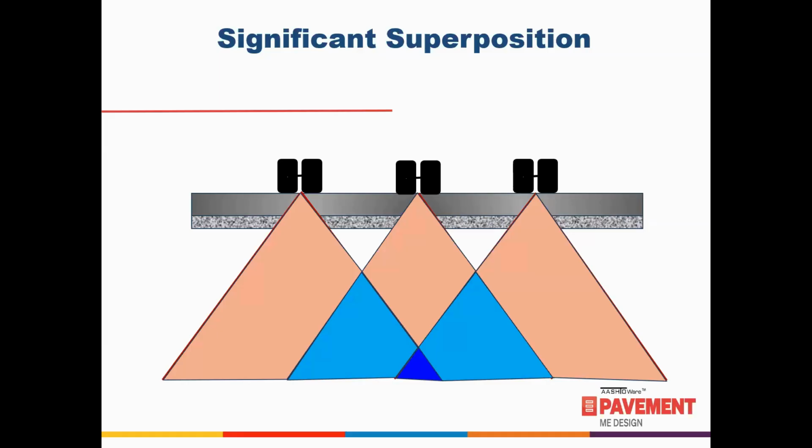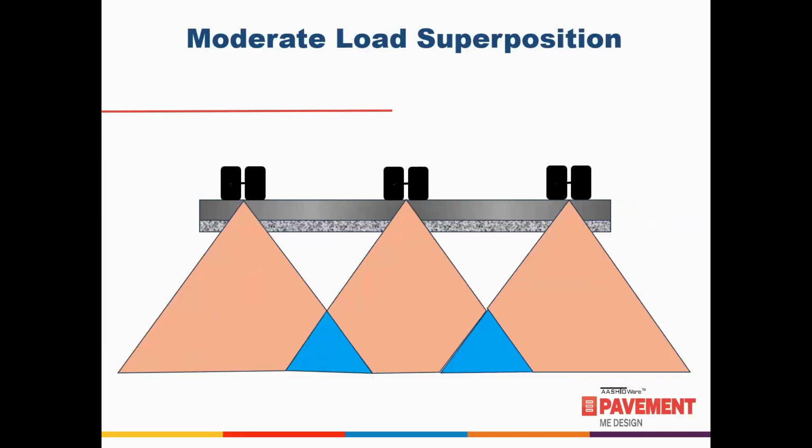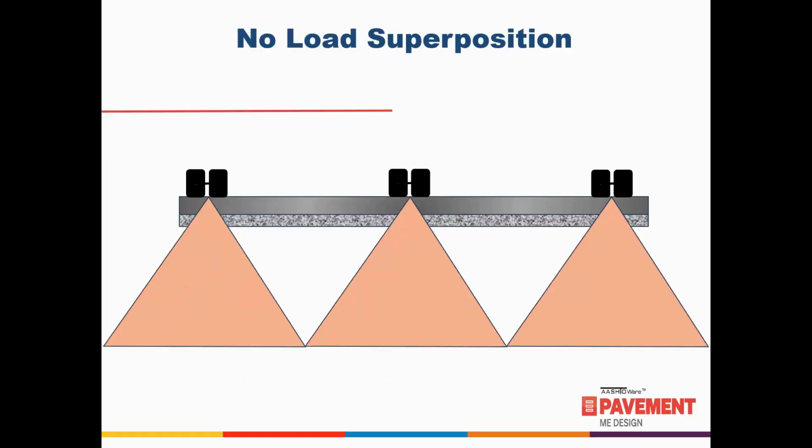They're close enough such that the center tire, the subgrade below there, is going to have stress influence from the set of tires on either side. And then as you bring them further apart, you can see each adjacent set of tires creates a point where their influence is superposed in a location, and then when they're far enough apart, they really don't matter.